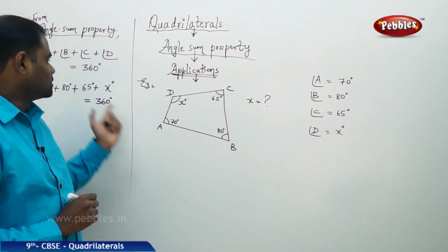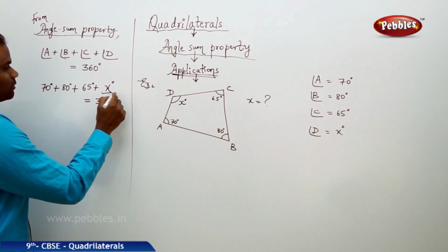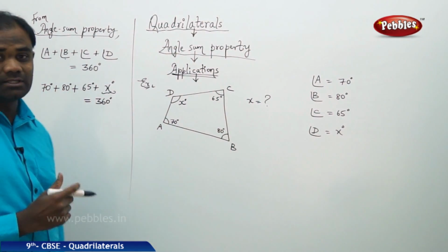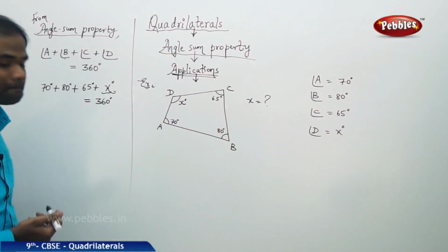Therefore, sum of all this equals 360. Now my target is to find the value of this x. So let's see how we can find x from this equation.